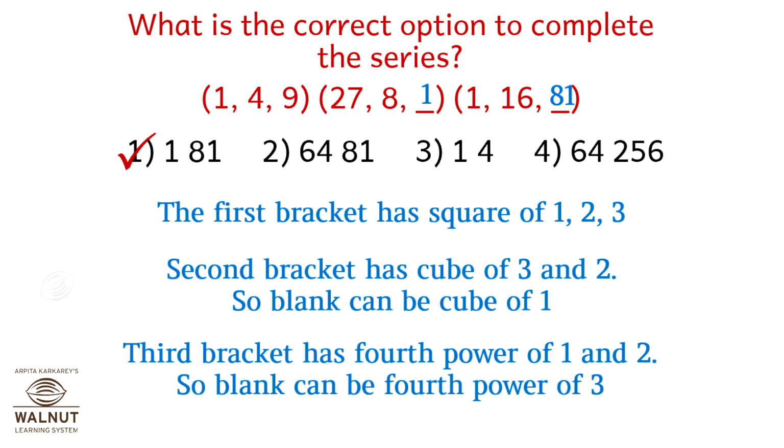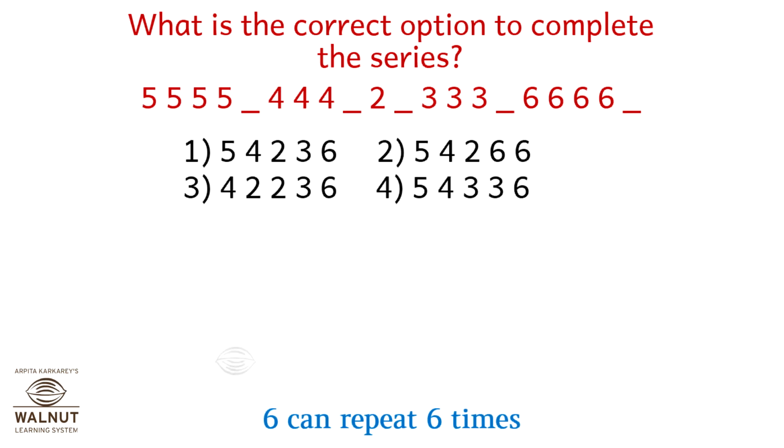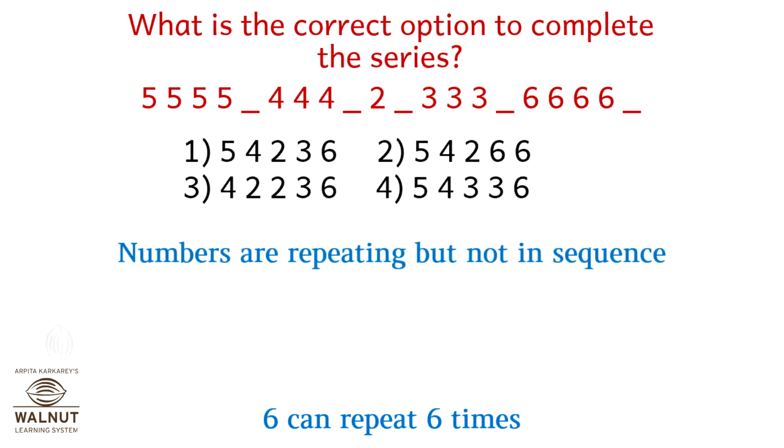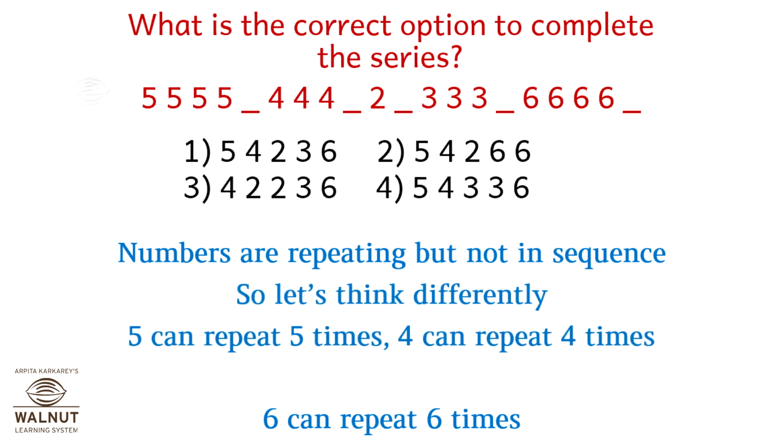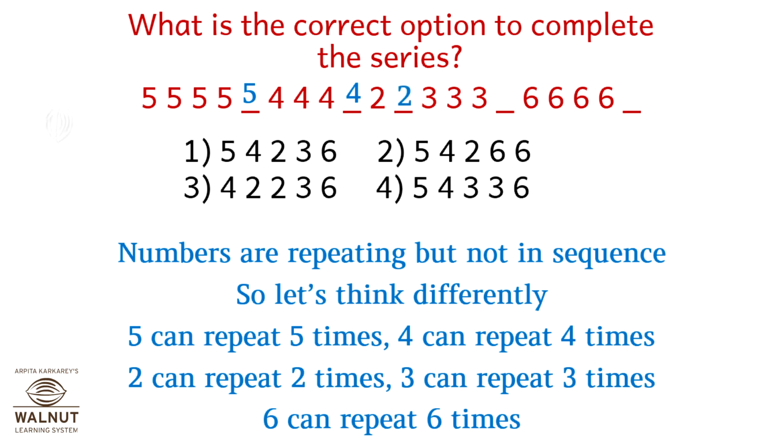Let's move on. What is the correct option to complete the series given below? Numbers are repeating but not in a sequence. So let's think differently. 5 can repeat 5 times. 4 can repeat 4 times. Alright, let's put that in. 2 can repeat 2 times.